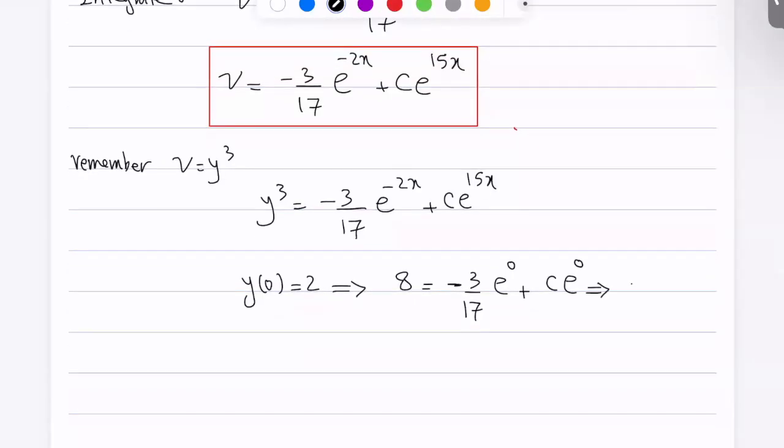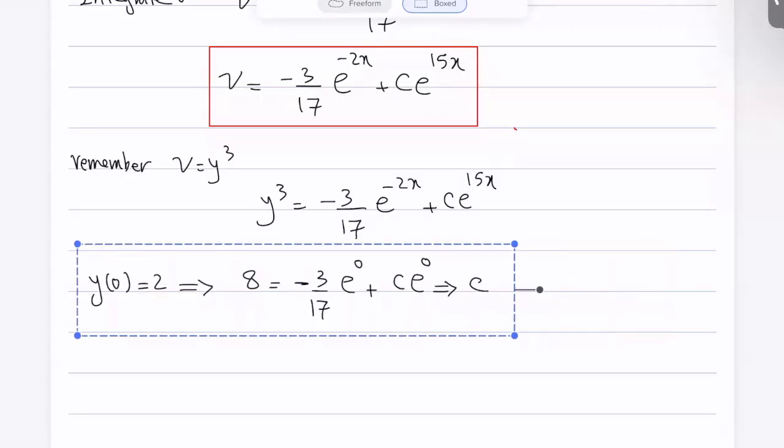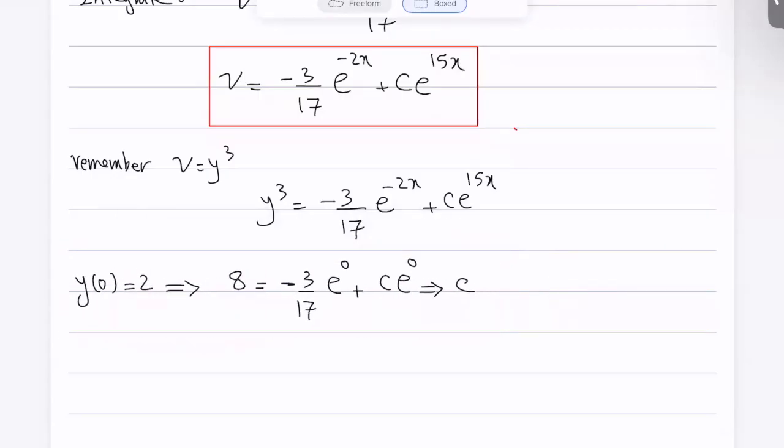And this will give me c is, let me move this a little bit. Okay. So c is, this is 1. This is 1. So c is just 8 plus 3/17. And that is, I think, 139/17.